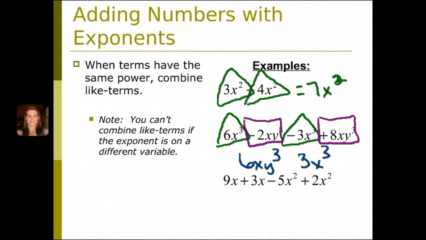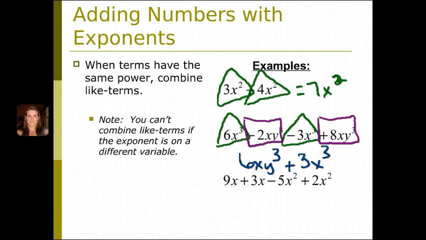And we need to separate these terms with the plus sign because our 3x to the third was positive. Now some of you might be wondering why I put my 6xy to the third at the beginning instead of after 3x to the third. The reason that we do that will be discussed in chapter 9, so don't worry about that right now.